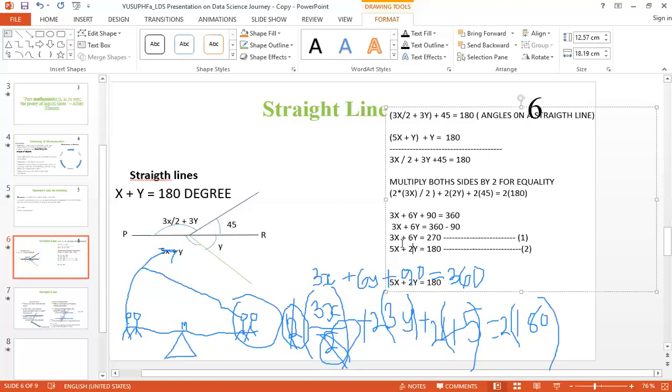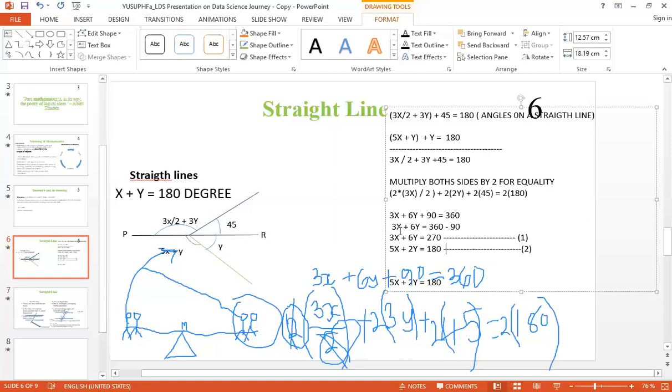Now let's make a decision that we want to eliminate X. We look at the coefficient of X in the first equation and in the second equation.